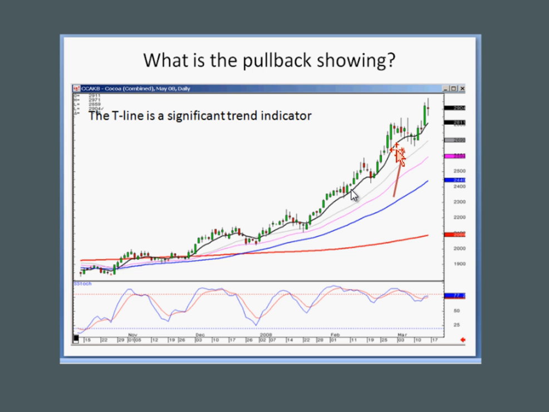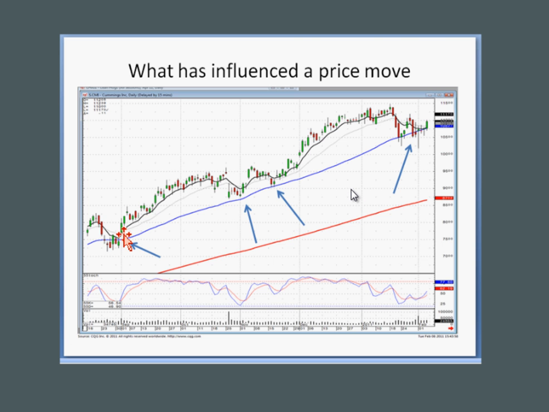But the most important factor of the moving averages is you can see where and when they're using it for support or resistance. In this case, the 50-day moving average was a constant influence as far as the support, and if you look close enough, every time it came back to the 50-day moving average, there were candlestick buy signals being confirmed.